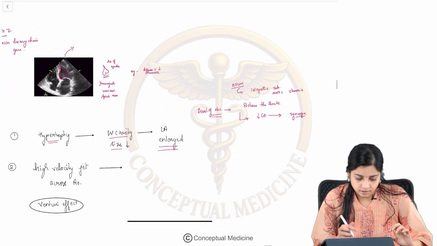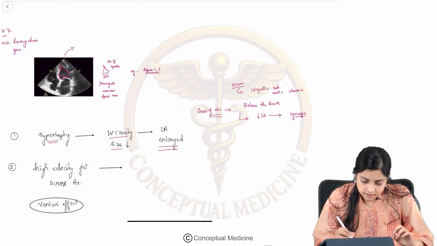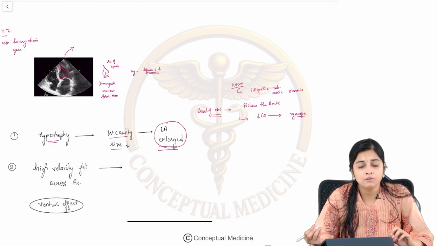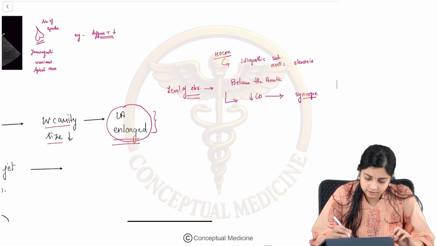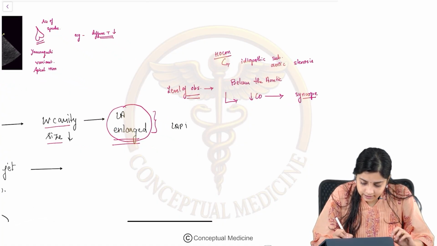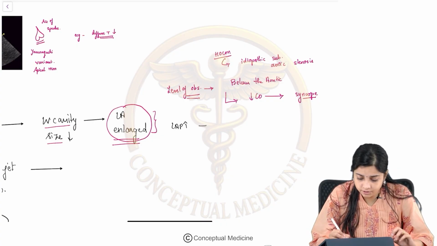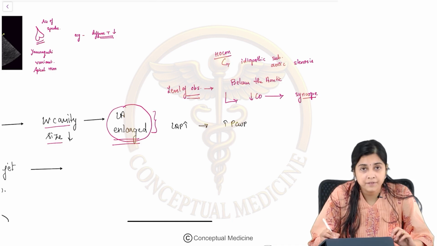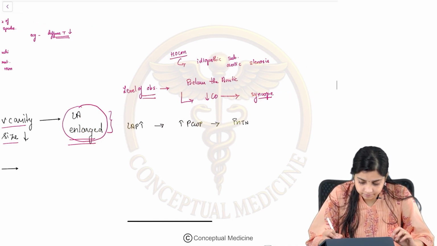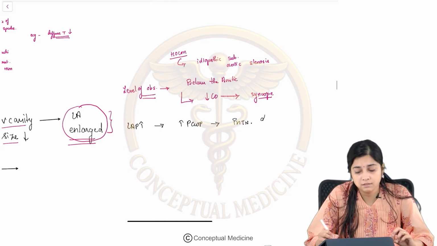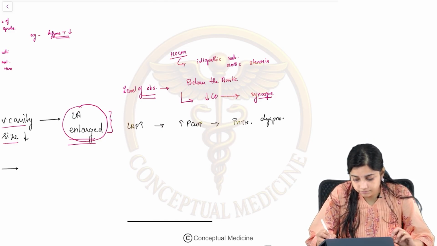Fine. Now, the hypertrophy causes increased LA size because of the pressure overload. Now, as the LA increases, what have we learned? We have learned that the LA pressure increases, there will be backward pressure. So, this causes an increase in pulmonary capillary wedge pressure, and this can cause pulmonary hypertension as well. Fine, so they can present with dyspnea as well.